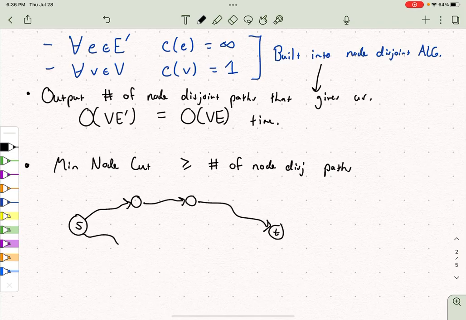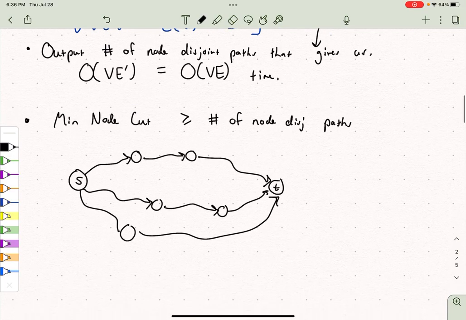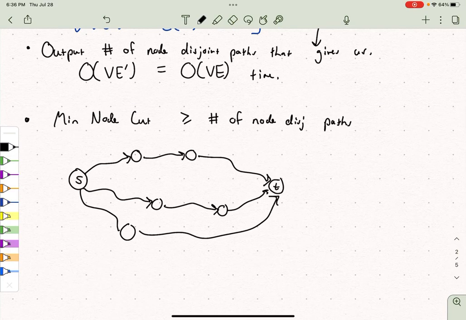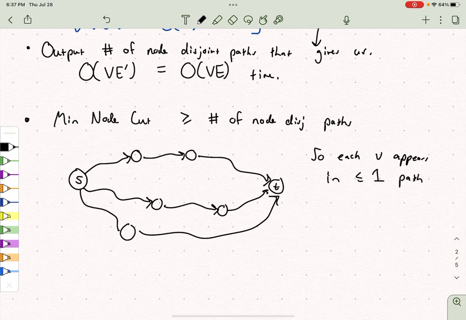You just have a bunch of these paths that don't reuse nodes and go to T. So because they're node disjoint, none of them share any nodes. So each node appears in at most one path. And so if we wanted to disconnect S from T, at the very least, we would have to kill one node per path. Because if we missed even a single path, then that's one path that we could still take.